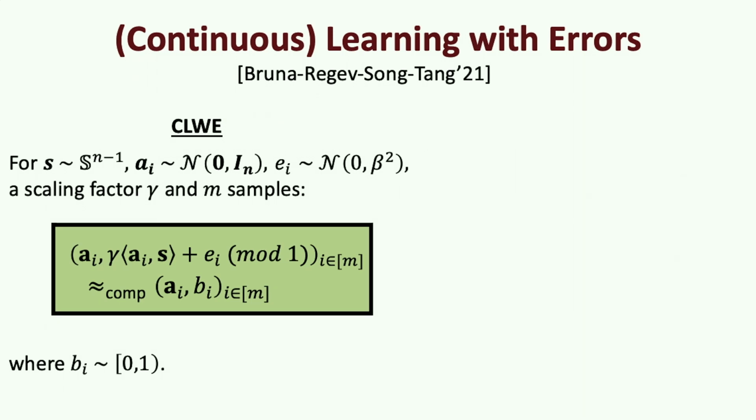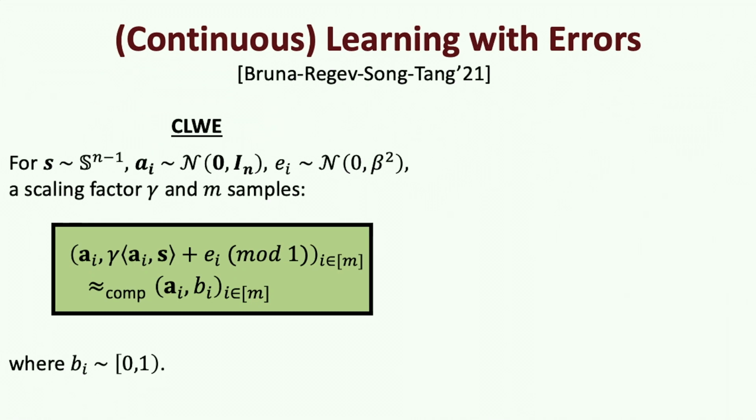The second component of the top distribution always lives in the torus, because I took a number and just looked at the fractional part, so it always lives in [0,1). Instead, I pick b_i randomly from the torus, and that's the second distribution. The problem is to distinguish between these two distributions.